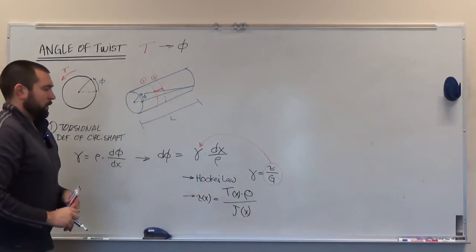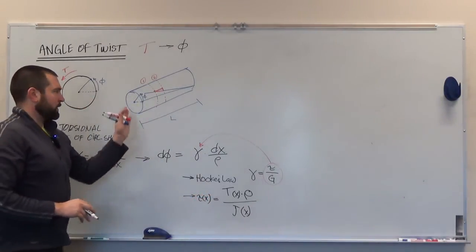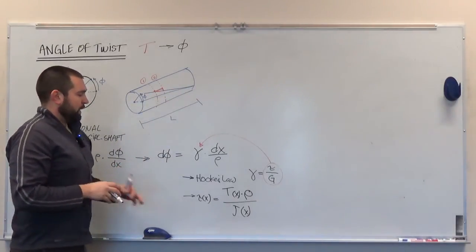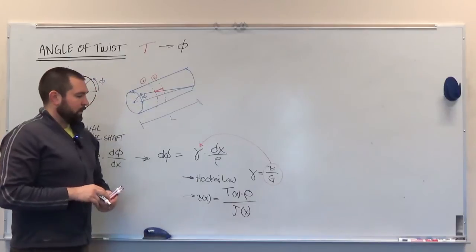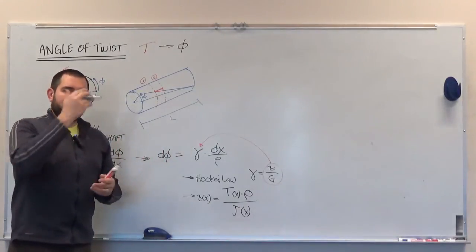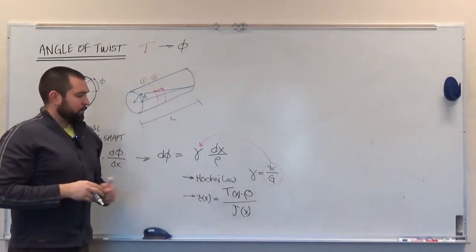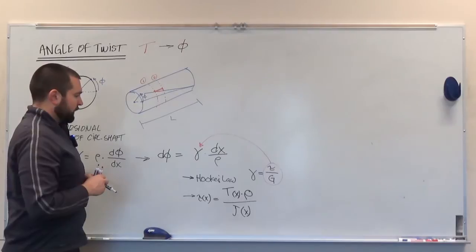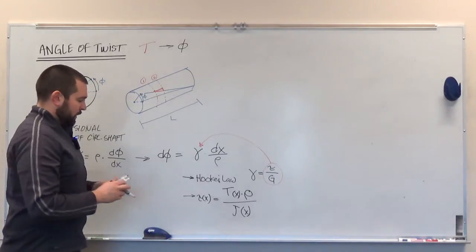And again, you have some examples where the internal torque is not constant across the length of the shaft, or the polar moment of inertia is not constant because you either have a varying cross-section or it steps down, or you have intermediate external torques applied that would change the internal torque somewhere along the length of the shaft.